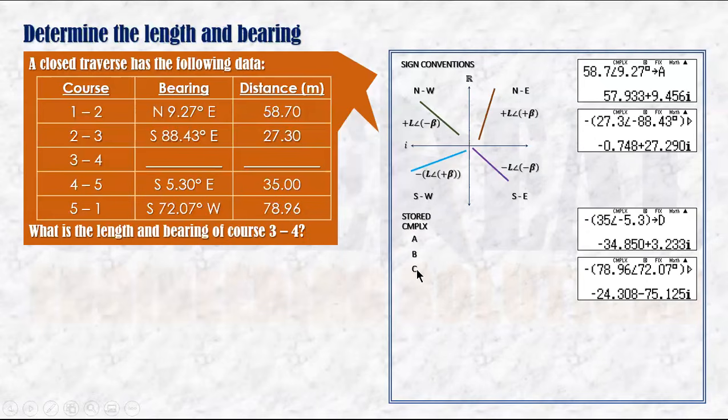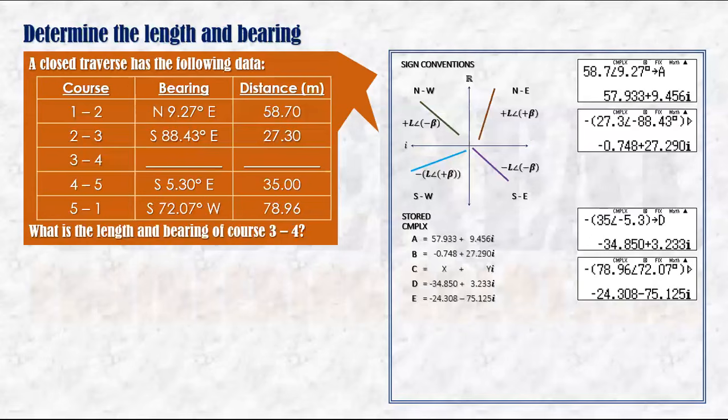Now these are my stored complex numbers: A, B, C not yet, D, and E. As I got, A is 57.933 plus 9.456i, B is this, C is not yet known, D is this, and E is negative 24.308. Now, let's say the complex C is X plus Yi.